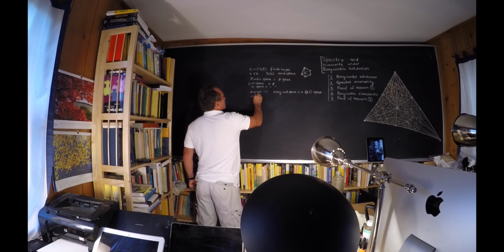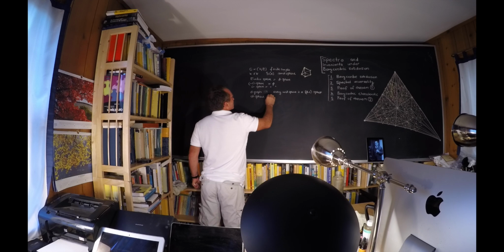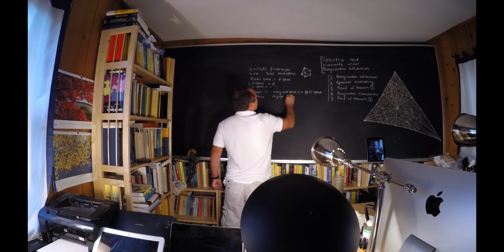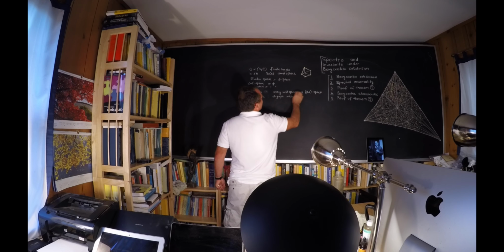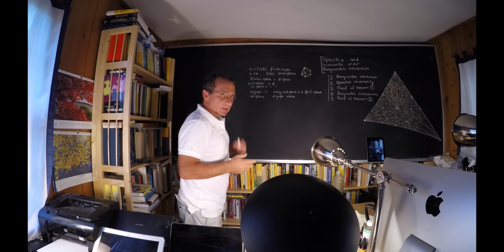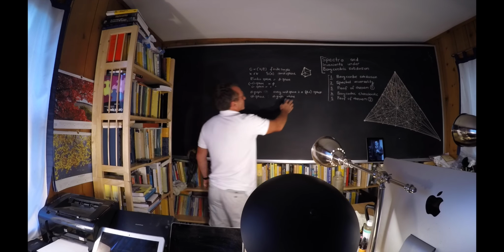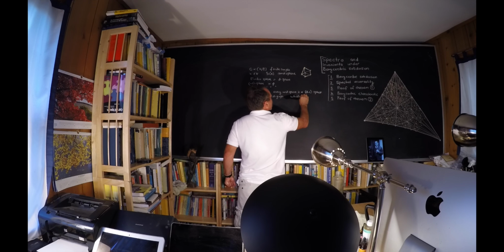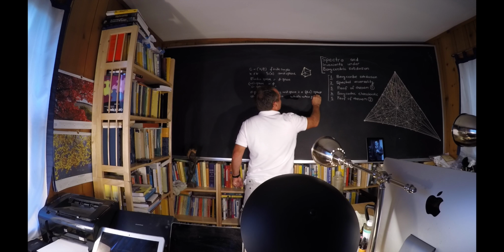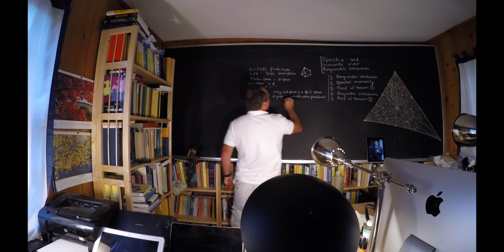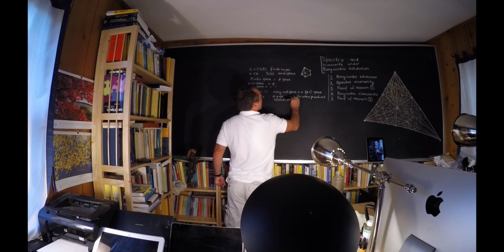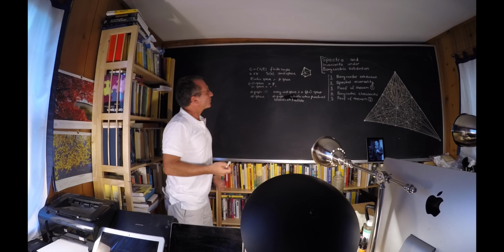A D sphere is a D graph which, when punctured, becomes contractible. What is punctured? Punctured means just taking away one vertex.